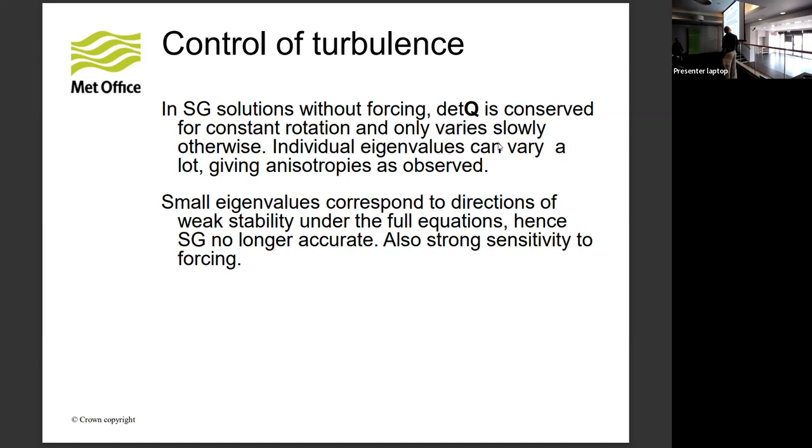And small eigenvalues are what you can really use to diagnose the model's sensitivity to forcing. So the structure of that matrix is really important. It tells you how sensitive the model is to forcing: weak stability will mean a large response to forcing, and probably break down the model altogether if it's very weak.